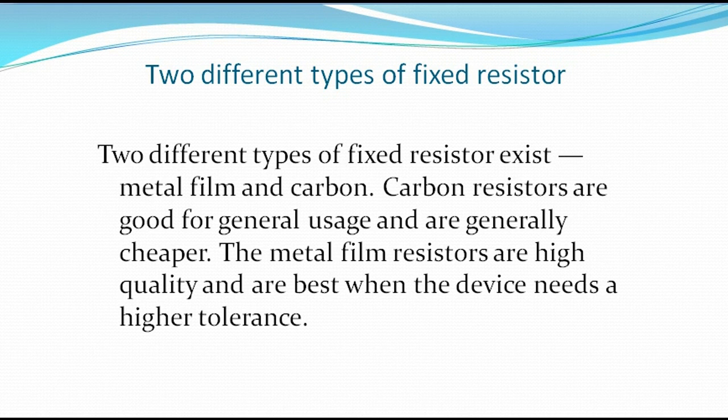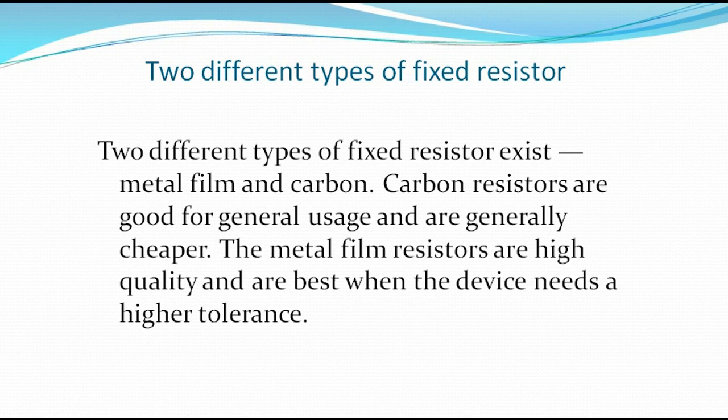From this, you can now know the specific type of resistor that you are changing. I will discuss all these things in the resistor series, much more in detail. So with this, you can know that there is a difference between carbon resistors and metal film resistors.